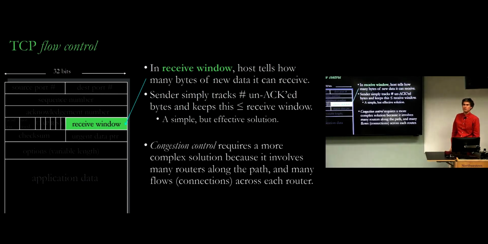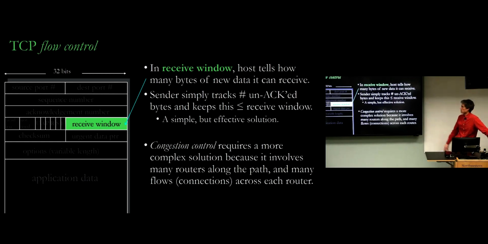Okay, all right. So congestion control, like I said, is also about having senders limit the amount of data in flight, but it's much more complex to solve because there are many routers along the path that a packet takes to reach its destination, and those routers are not all communicating back to the sender, and they're handling many different connections at the same time. The overlap of those flows on the routers will affect what's dropped and what isn't, and how much space is available.